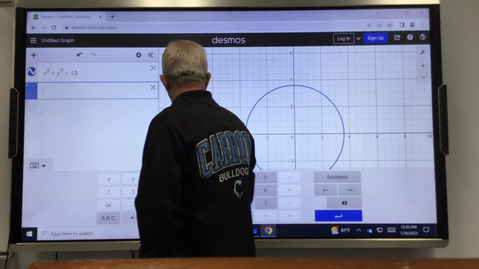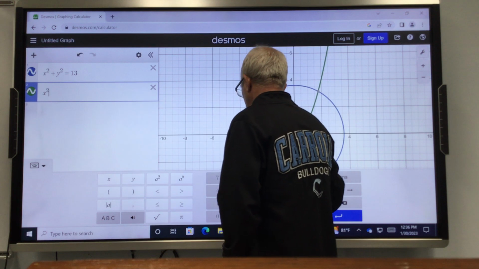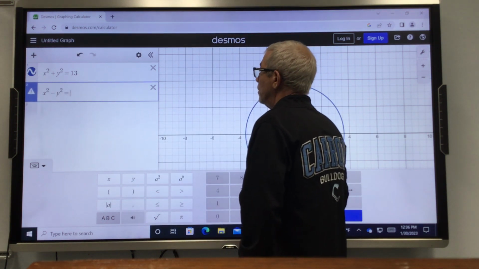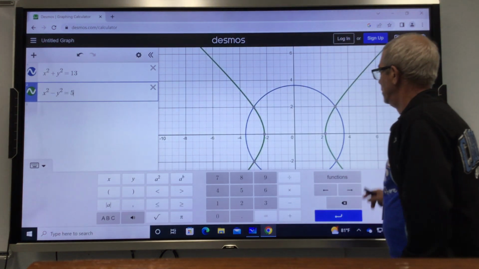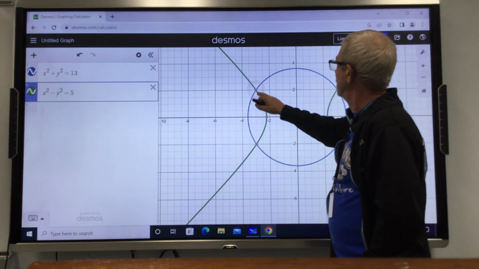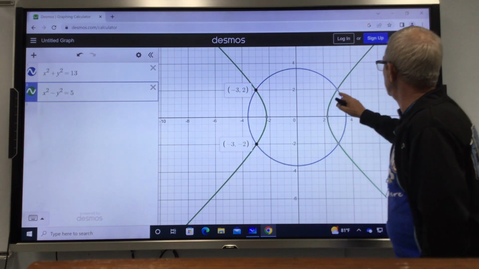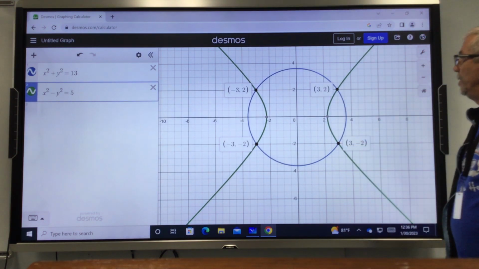And the second? x squared minus y squared equals 5. You see? Negative 3, negative 2; negative 3, 2; 3, 2; and 3, negative 2.